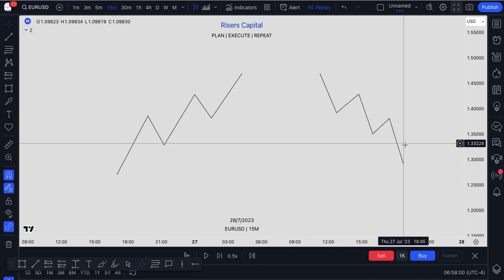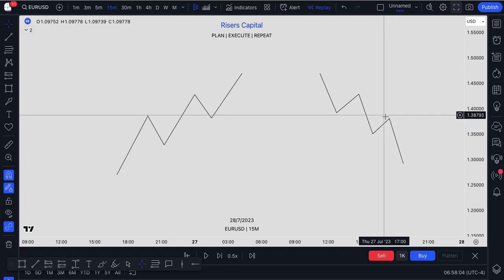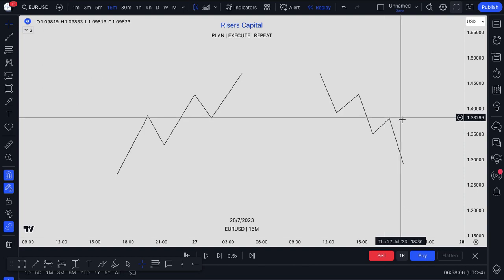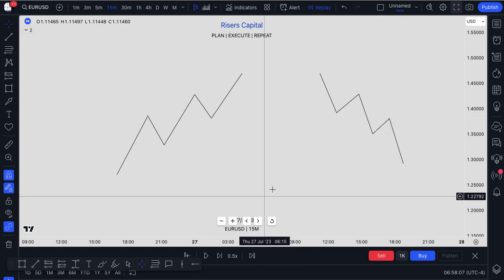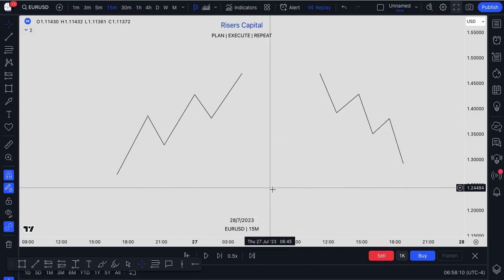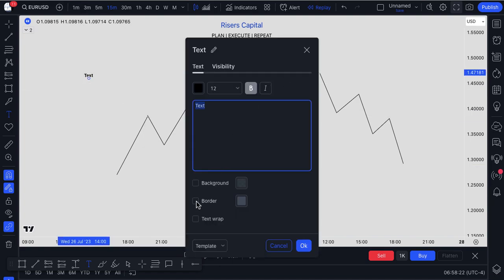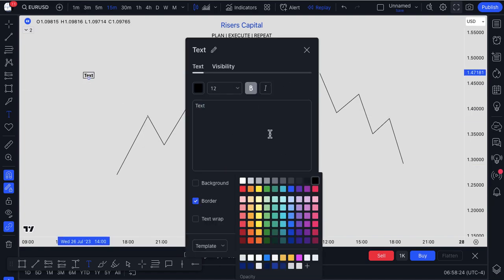Simple stuff, okay? Now, you want to see a liquidity sweep before entering a trade. This will be from 2 to 5 a.m. New York time, okay? Which will be 7 to 10 a.m. London time, okay? So, let me just put it here. We have a border as well, put that as black.